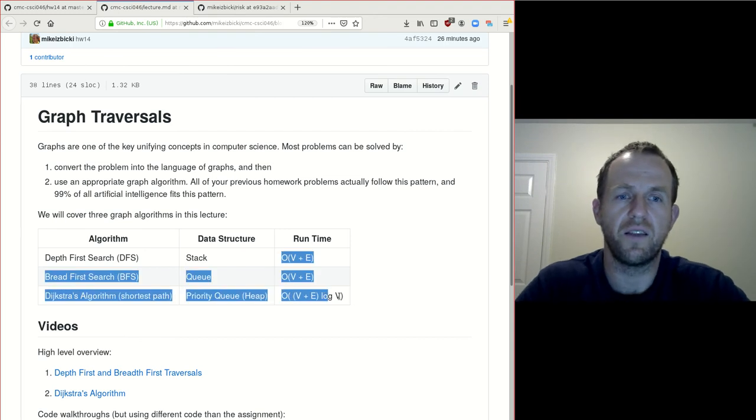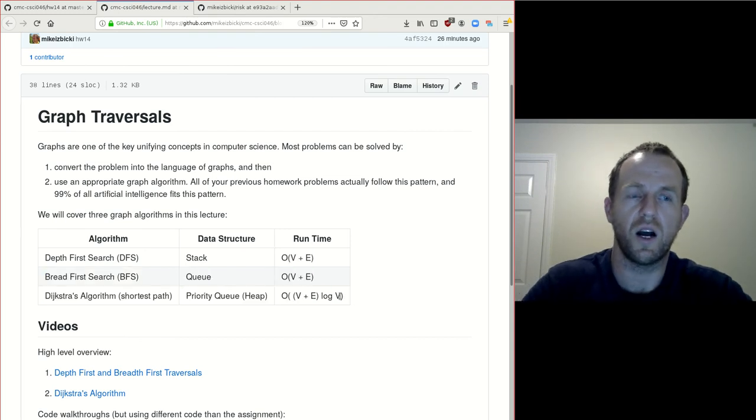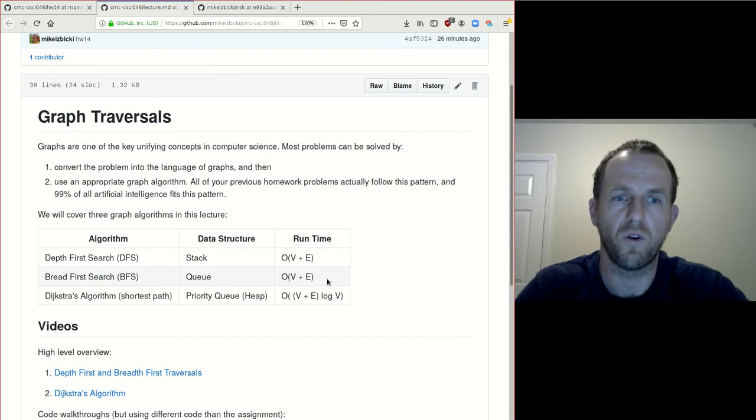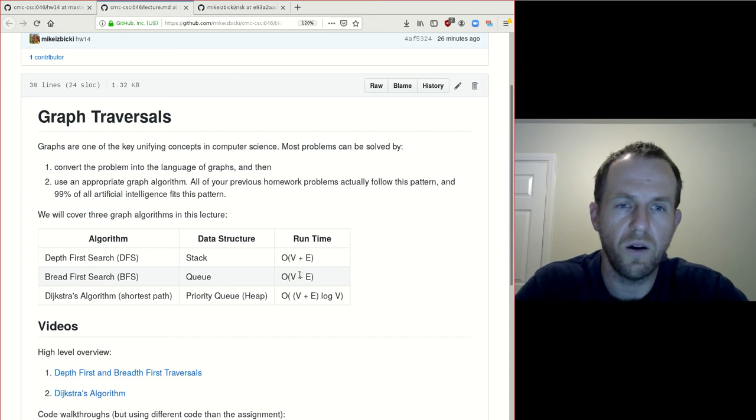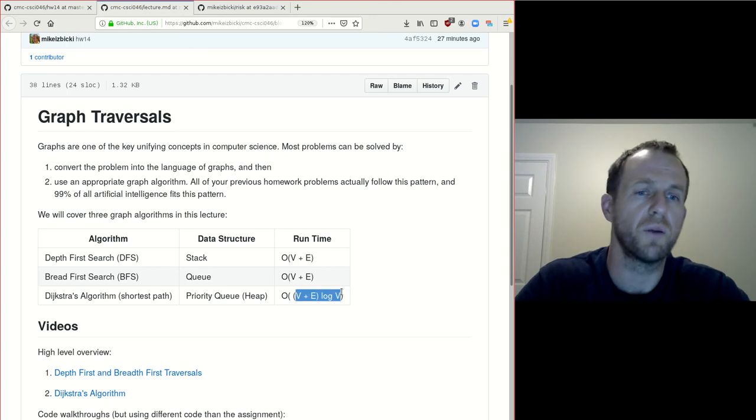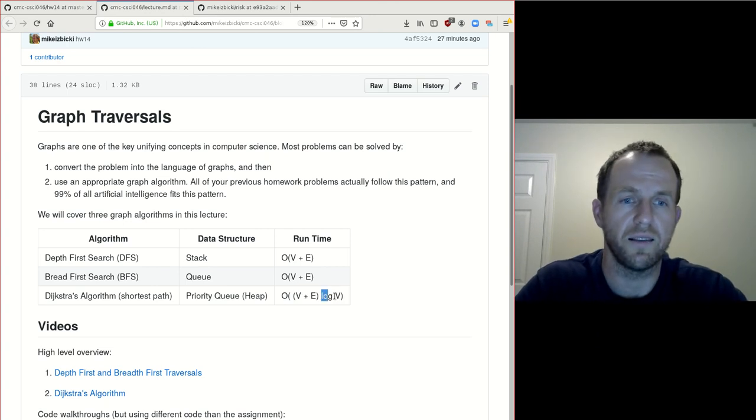For these, the answer is a little bit more complicated and you have to be a little bit more formal, so you don't have to memorize these runtimes. The main thing to take away, though, is that they're relatively efficient runtimes, so they're all linear in either the number of vertices or edges. But Dijkstra's algorithm is a little bit more complicated than the other two, in that it has this extra logarithmic factor over here.